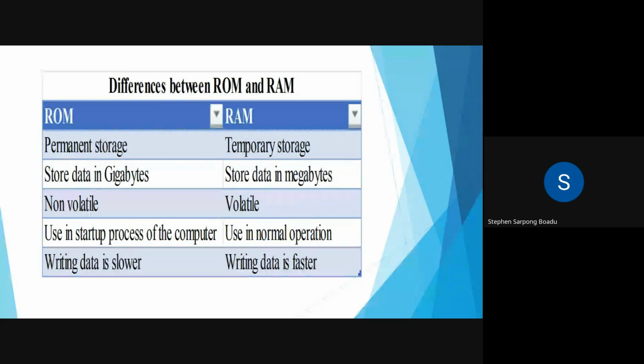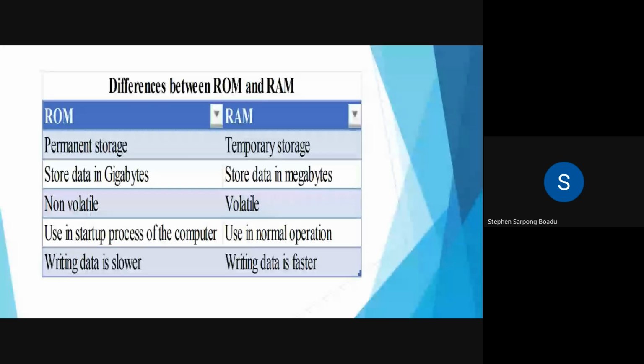Once you turn off the PC, you lose that data, right? Then the ROM stores data in gigabytes. So that is why when you are going to buy a PC, maybe you say you want a PC with memory like 428 gigabytes, 500 gigabytes, okay.